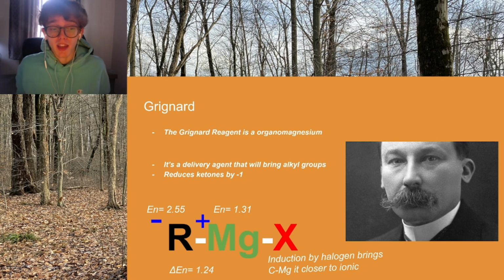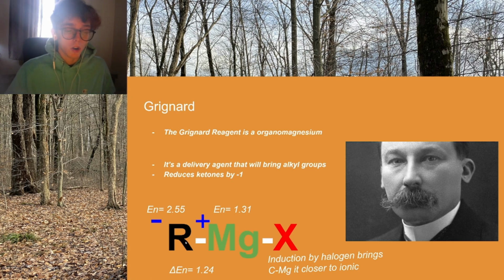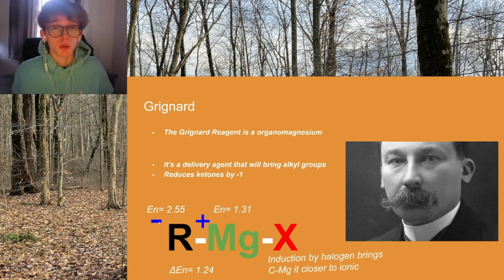So that bond is very polarized, with your R group having a negative charge, which means it's going to act as a nucleophile. We'll see why that's important when we go through the mechanism of Grignards. It's going to give magnesium basically a positive charge. It's not ionic, but it's very close, and therefore we can treat it as ionic. So when you see a Grignard reagent and you see the covalent bonds, give that R group a negative charge on that first carbon, and give that magnesium a positive charge. It'll make life a lot easier.